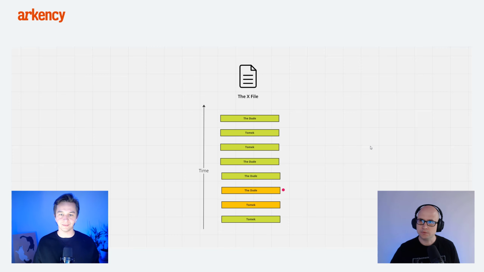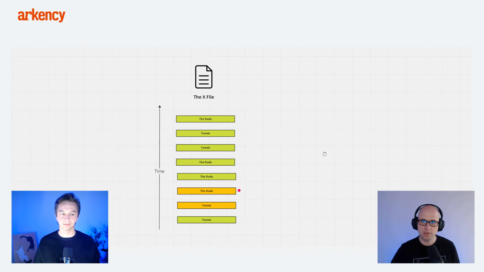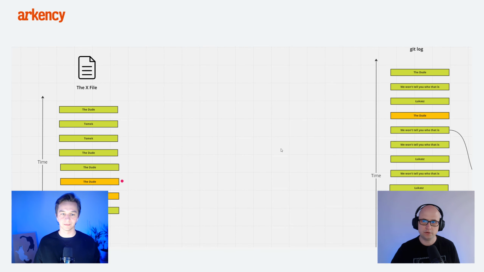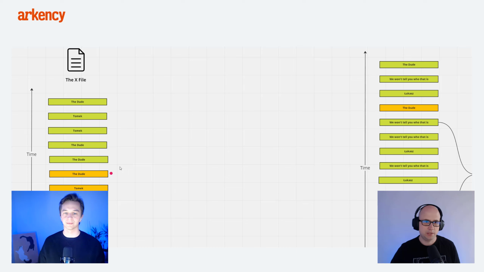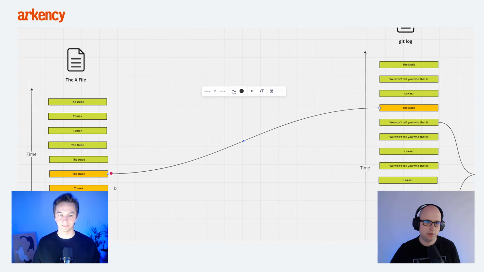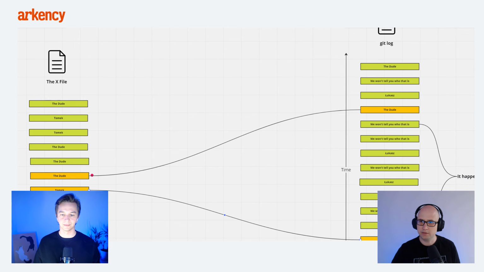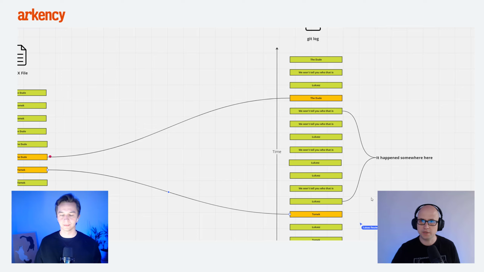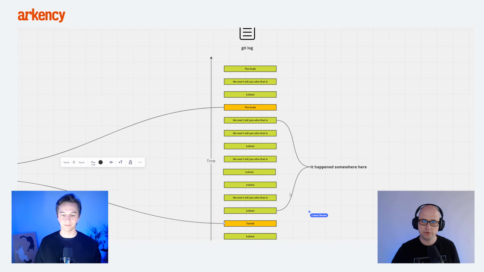So then I will turn this off. We took a look at the full Git log, and we can see that this commit here was this one, and this commit here was this one, on the right-hand side. So we know that there were different commits, and the issue happened somewhere between those two commits.